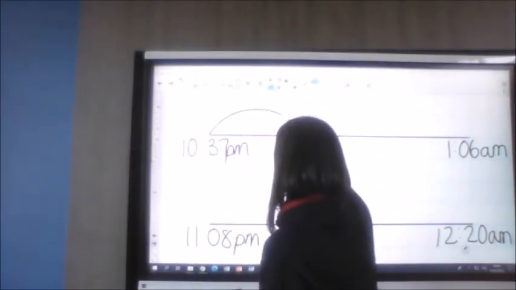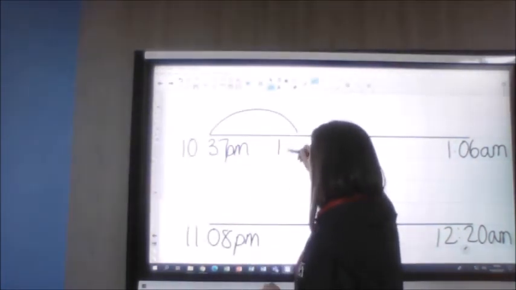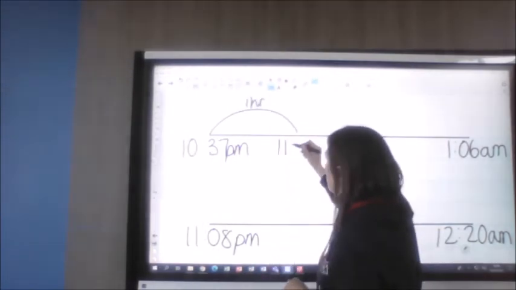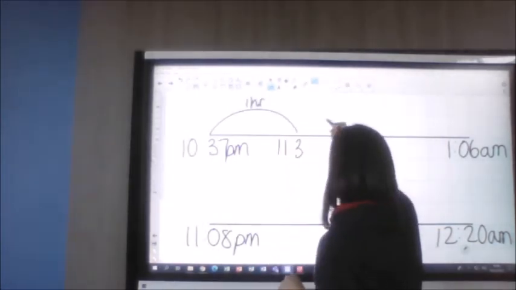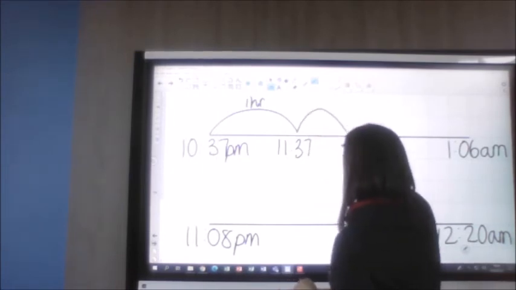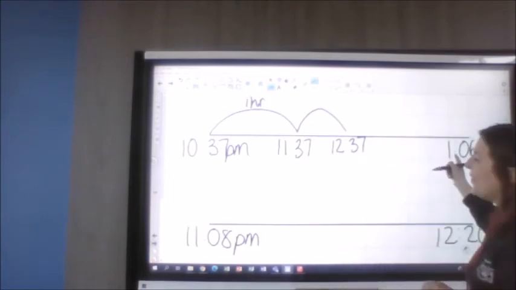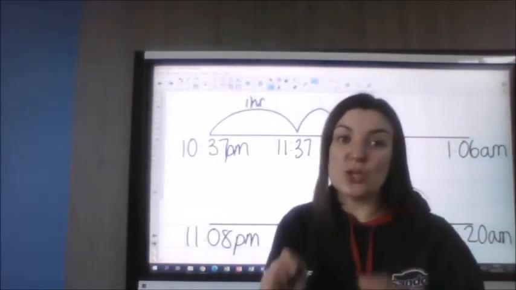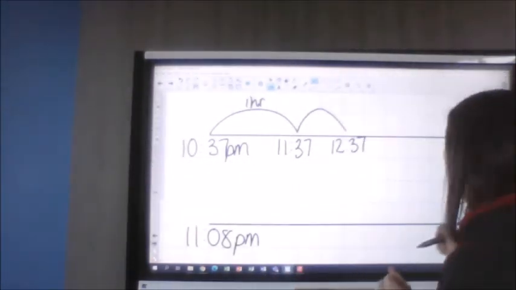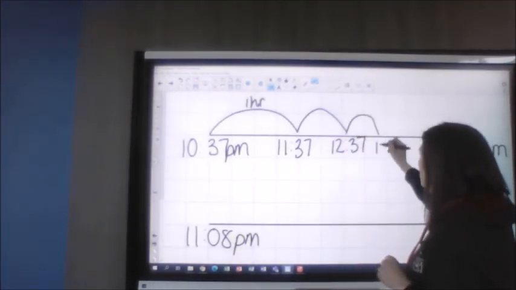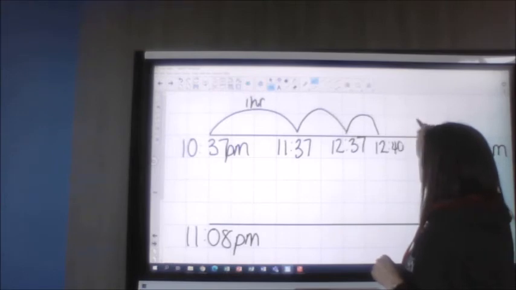I think it's easier to do your hours first. So I'd go 10 to 11, so that's 1 hour. And the minutes stay the same. And my next hour would be 12:37. Now, if I do another hour, that would get me to 1:37. That's too far. So now I need to go in minutes. So 37, I'm going to go up to 12:40.